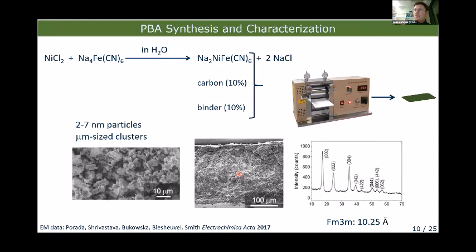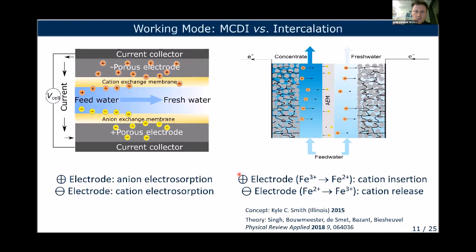Before going into the ion selectivity, I need some time to explain differences in the working modes, the mode of operation, when you compare the classical carbon-based way of desalinating water with CDI versus this other line of research on intercalation.